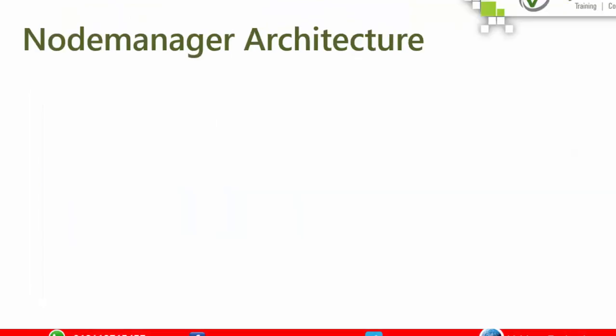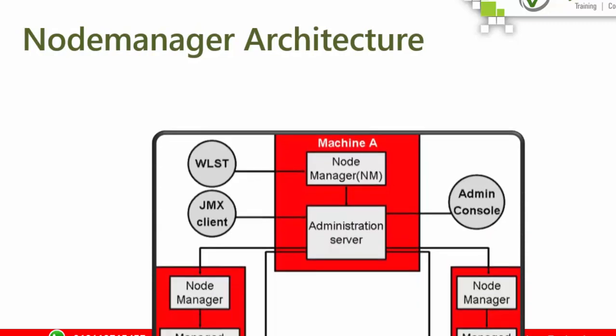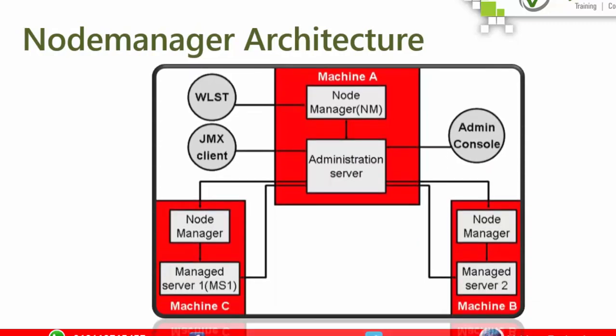Node Manager architecture. The Node Manager looks like this. The domain may be spread across multiple machines, machine A, machine B, machine C, and the control of the servers you can do via Node Manager directly, or you can use the administration central point of the domain, that is the admin server, that can be connected from the admin console, that can be controlled by JMX programs.